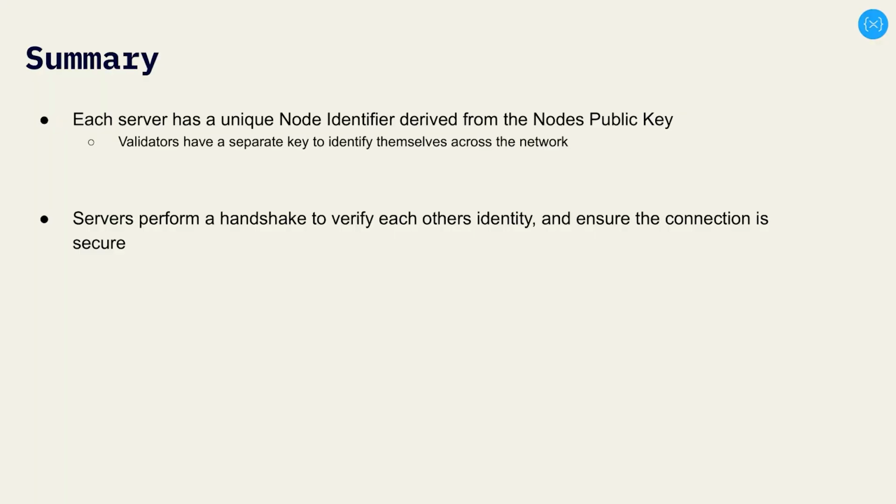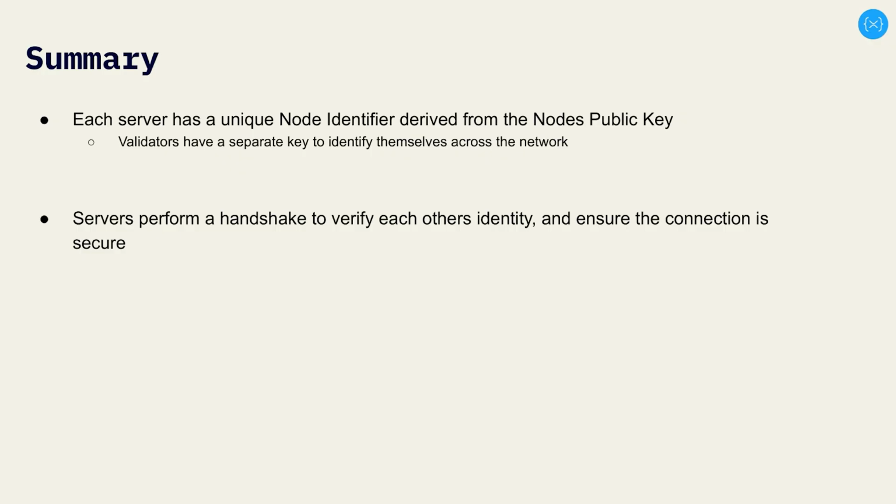Secondly, when servers attempt to connect to the network, they perform a proprietary handshake. This handshake is there to first verify that the server that claims an identity indeed has the necessary private key to prove that they have the identity.